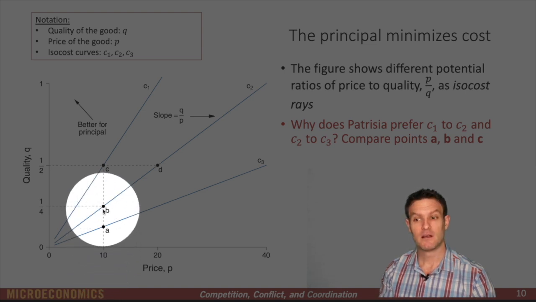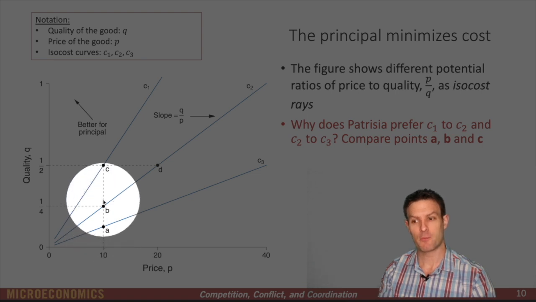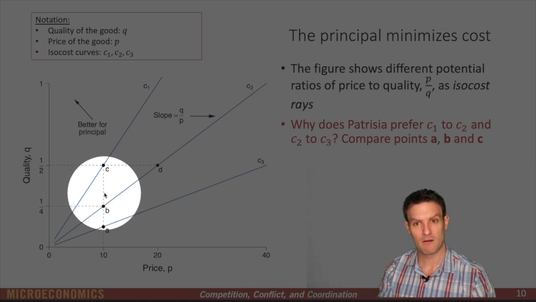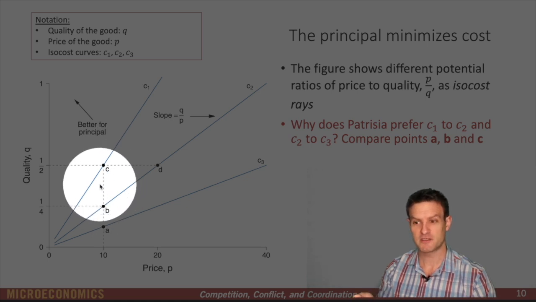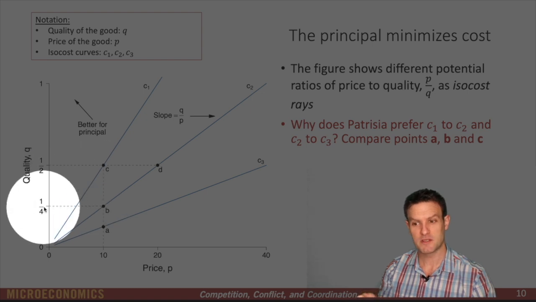At B, she gets a higher quality than she does at A. She gets a quality of 1/4 rather than a lower quality, probably around 1/8. And then if we compare points B and C again, what do we see? Well, point C versus point B, what do we have there? She definitely prefers point C to point B because at C she gets a quality of 1/2, whereas at B she gets a quality of 1/4.